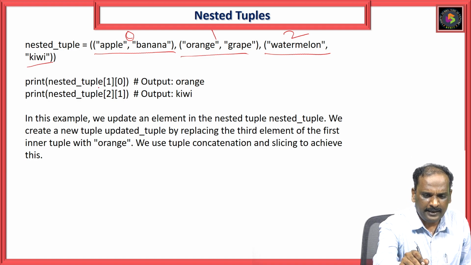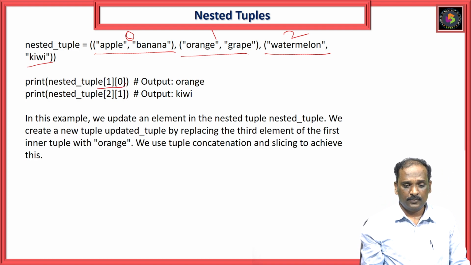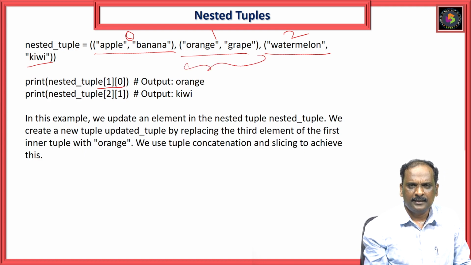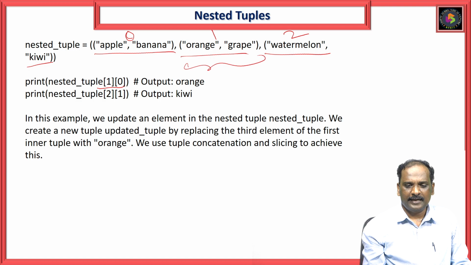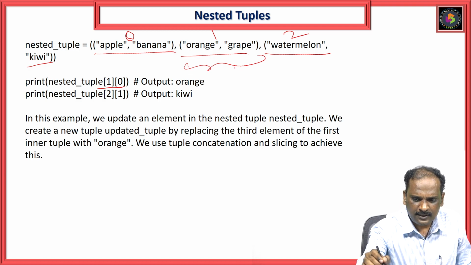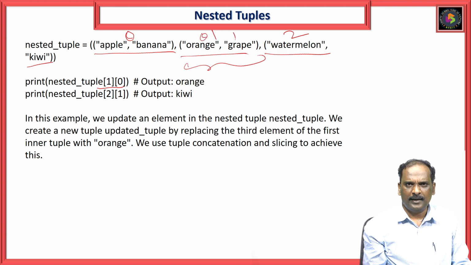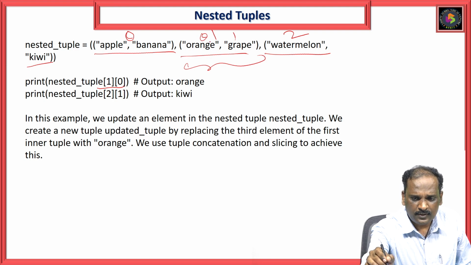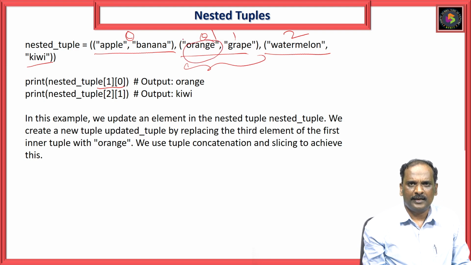Now here they are displaying nested tuple of 1 and 0. What is nested tuple of 1? The nested tuple of 1 is containing 2 elements, orange and grapes. So in this nested tuple of 1, there are again 2 elements, at index 0 and 1. So if I use the second subscript 0, then I will get the output as orange.